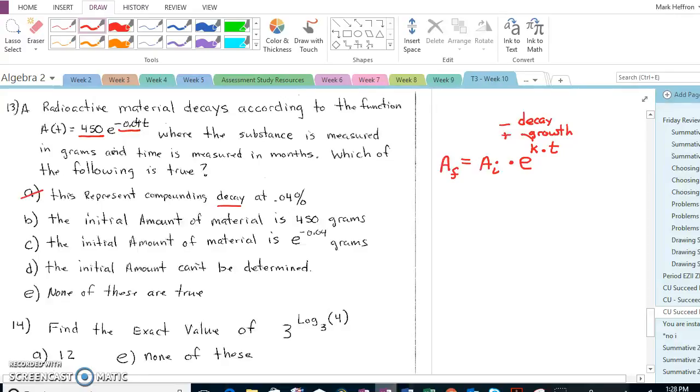The initial amount is 450, so that's our true one. The initial amount is not that. The initial amount can be determined, and none of these is not right either. So the answer is B, because of this initial equation.